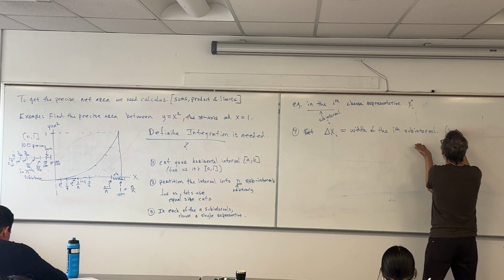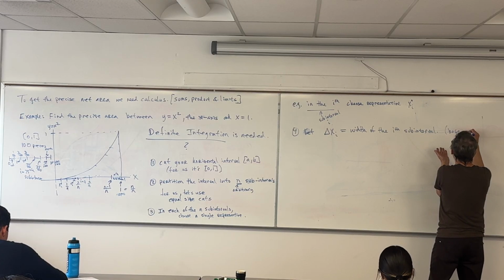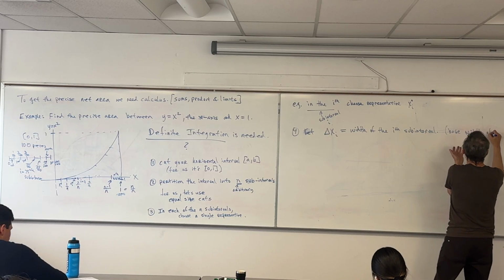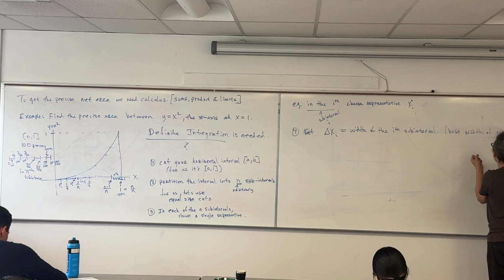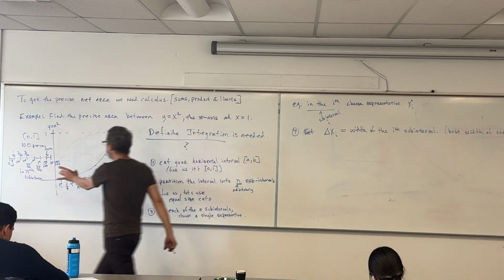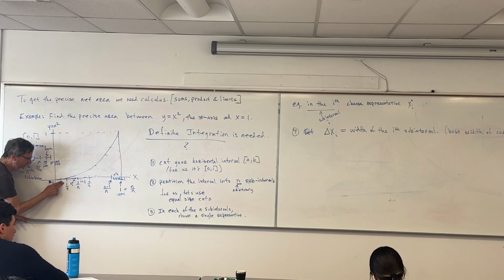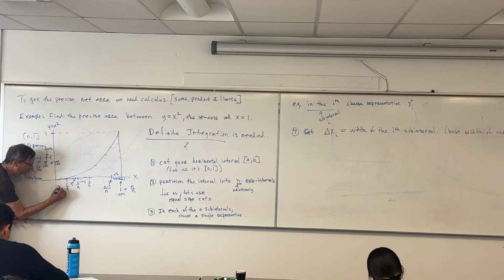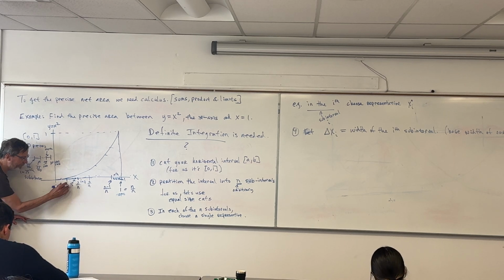This is the base width of our rectangle above that subinterval. So this delta here, delta x1 for us, is 1 over n.